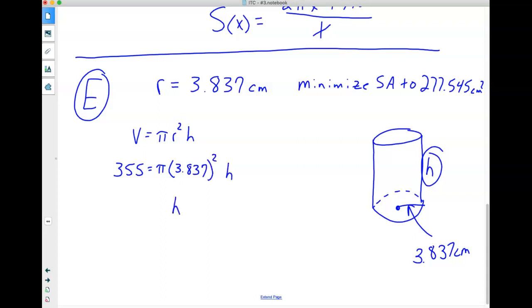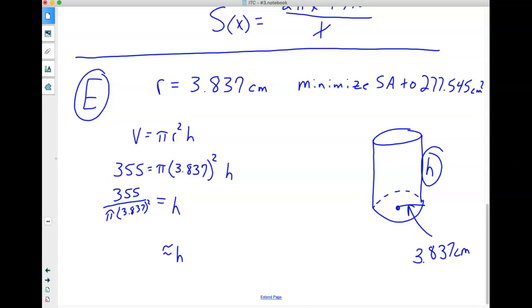So h is approximately equal to, and I'm just going to do the math now. Well, I'll put 355 divided by pi times 3.837 squared. And I'm going to get technical here. I'm not going to say it's approximately equal. I'm going to say it's equal to. And then I'm going to say now h is approximately equal to, and I'm going to type that into my calculator.